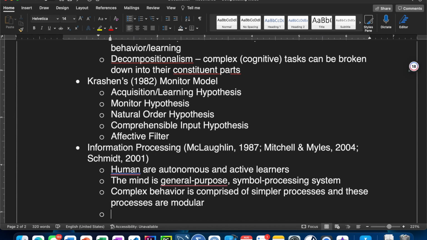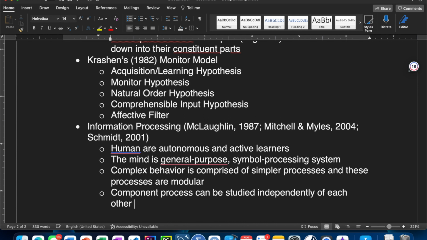Another element of the information processing approach is that these component processes that we're talking about can be studied independently. And that by looking at things in isolation, like phonological acquisition of new sounds in isolation from things like means of articulation or modes of articulation, we're not going to lose any information.